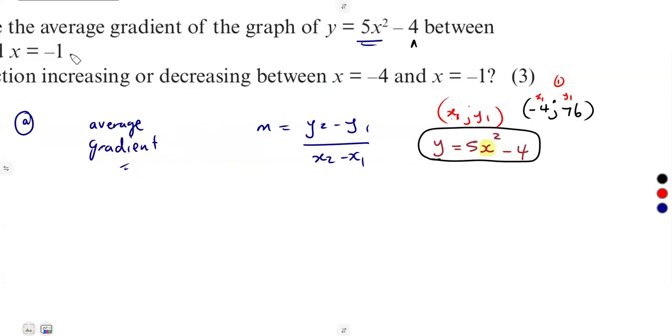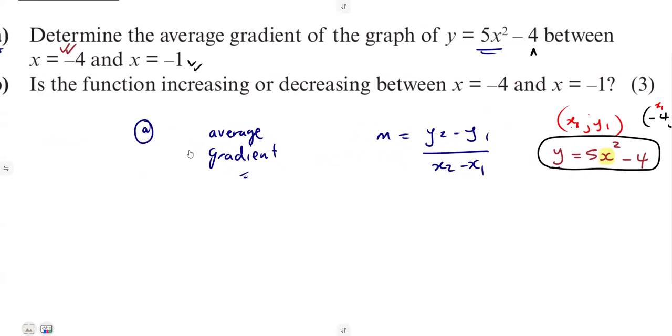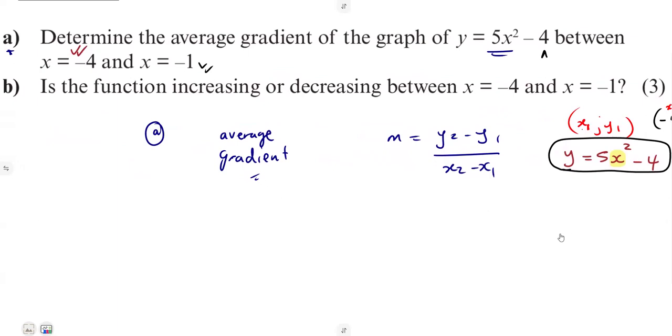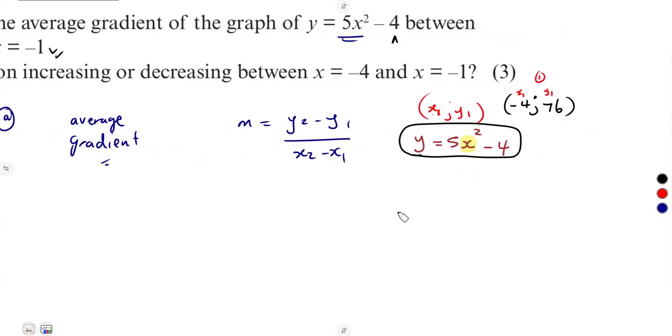This time our x is -1, just like when we had -4. So that is the condition when x is equal to -1. Let's put that in our equation.